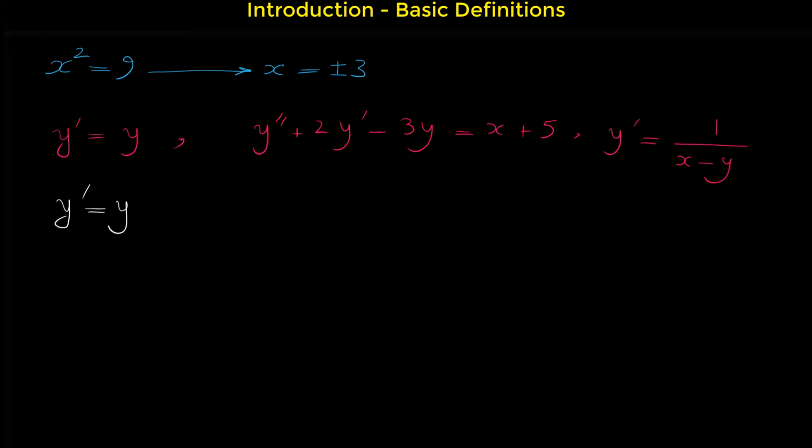What was the function whose derivative equals itself? If you remember from calculus, it is e to the x. Remember, the derivative of e to the x is e to the x. So this is a solution for this differential equation.